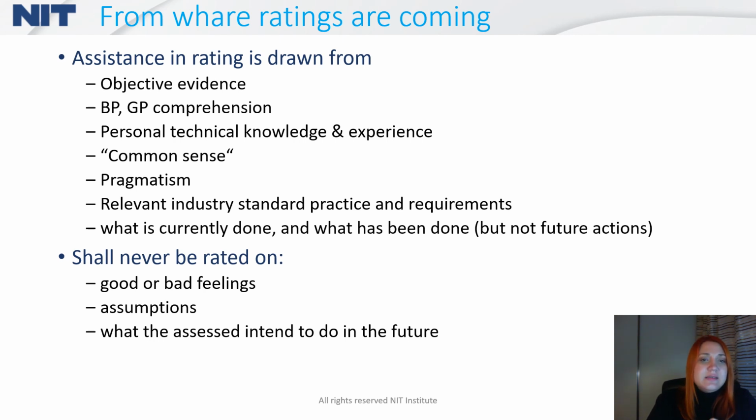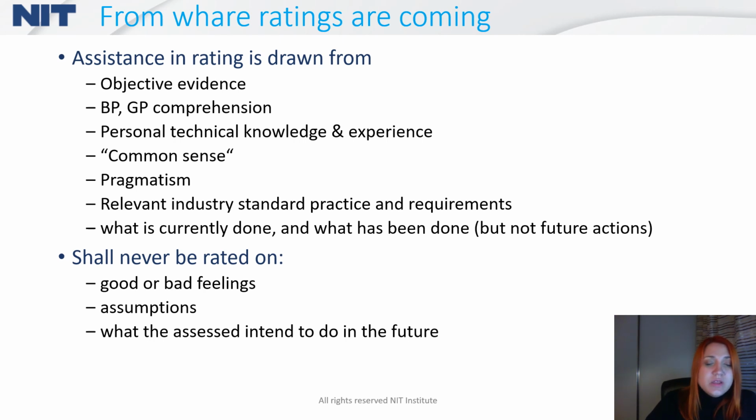It means that assistance in rating is drawn from objective evidence, from the GPs and BPs comprehension, from practical technical knowledge and experience, from the common sense of assessors, from relevant industry standard practices and requirements, and from what is currently done and what has to be done, but not really in some kind of future.